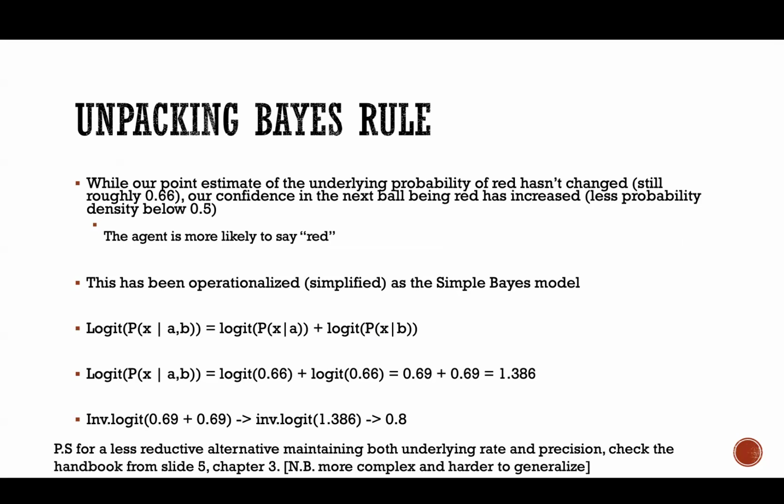And so a log odds of a probability that is below 0.5 is going to be a negative number, so it's going to drag our guess towards guessing green.